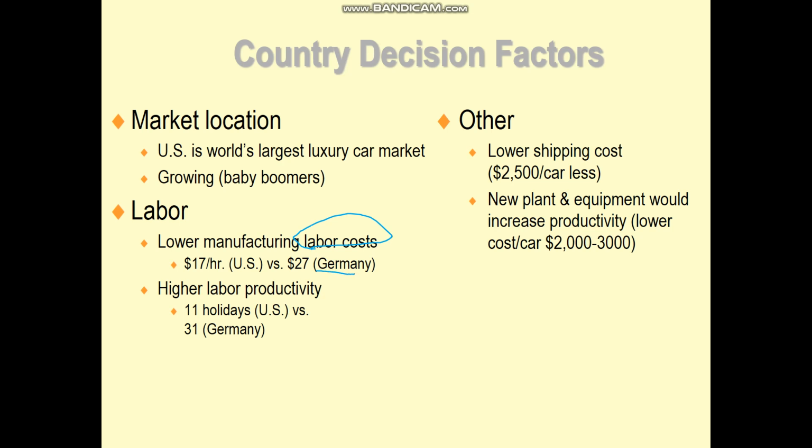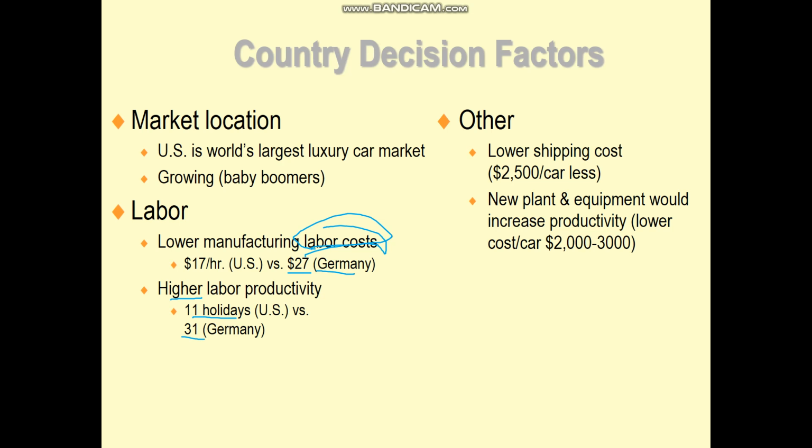They have to pay 17 USD per hour in the US versus 27 in Germany. So they can reduce the cost based on the labor cost. And also they have higher labor productivity in the US because in US they have only 11 holidays compared to 31 holidays in Germany.